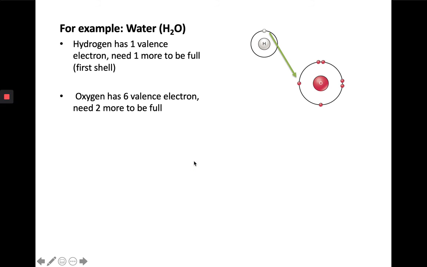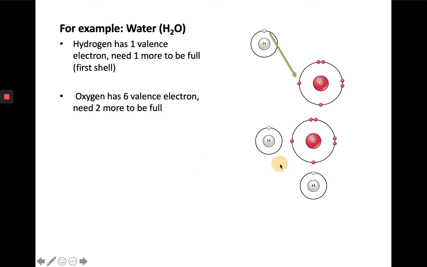So our hydrogen would like to share its electron with the oxygen. If it's sharing, then our hydrogen will have 2, and our oxygen will have 1 extra electron. However, our oxygen still needs 1 more electron, so we add another hydrogen so we can share our electrons.